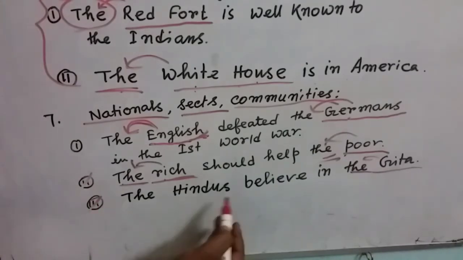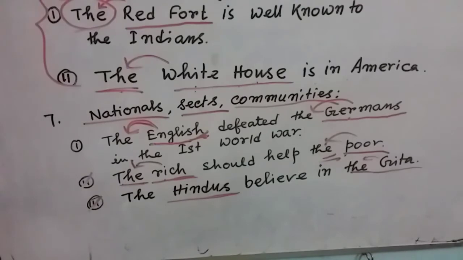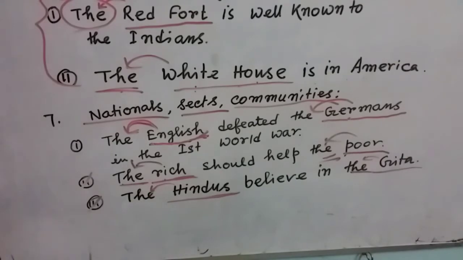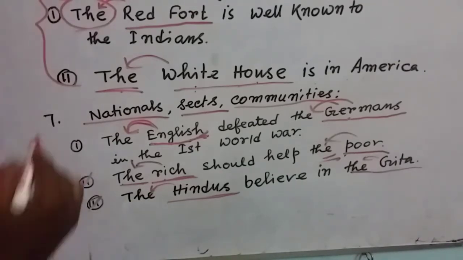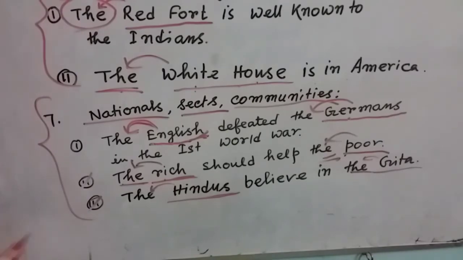But here, the Hindus is a particular community. Hindu means one kind of religion. It's a particular community. So before that, we have used the term the. My dear friends, I think the usage of the in this part is clear to you.